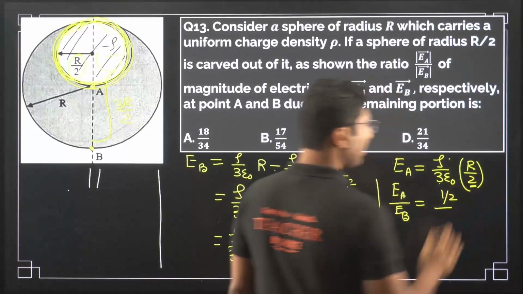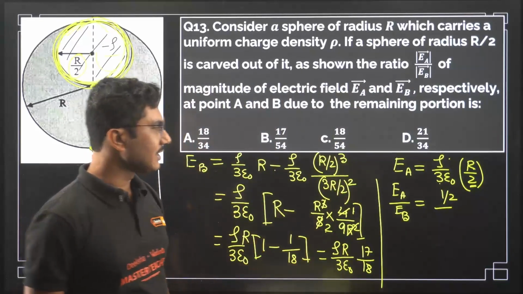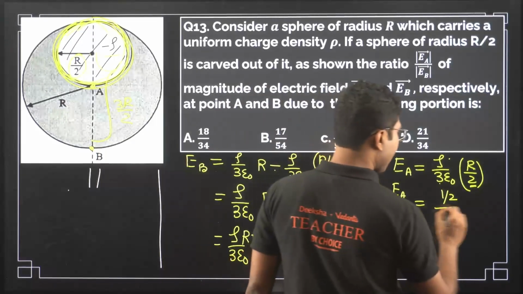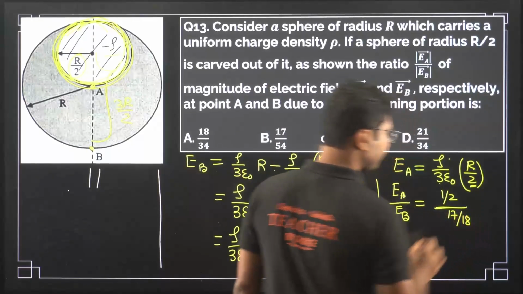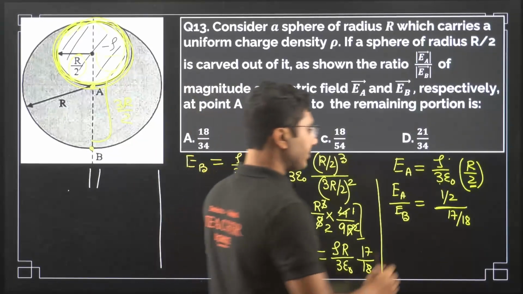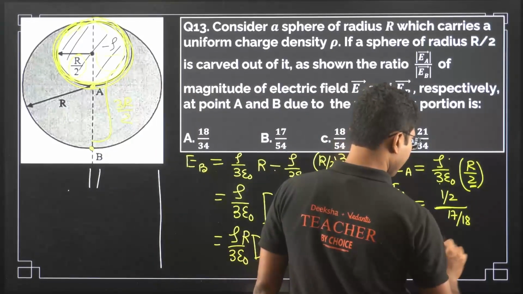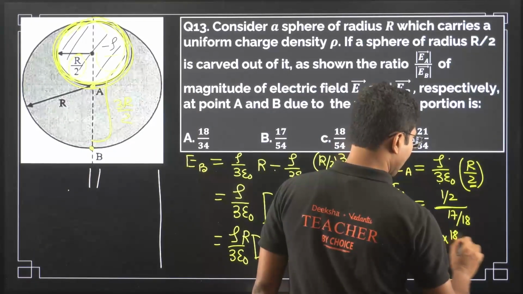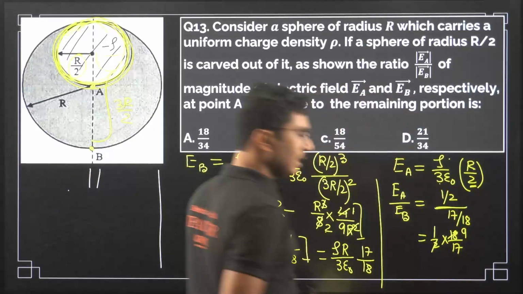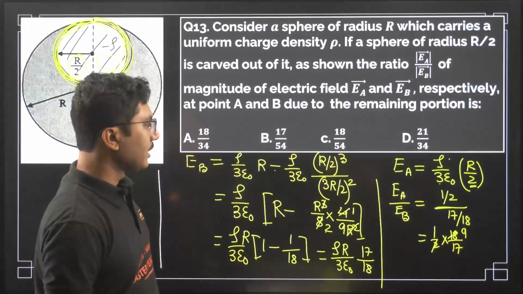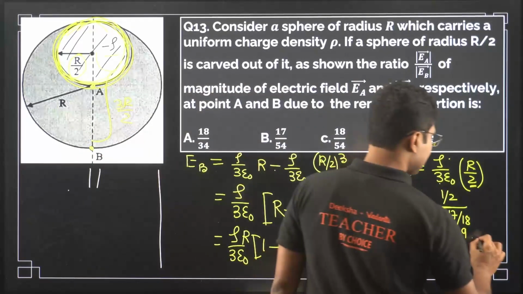This half, r is cancelled, so only half is left, and in the denominator we have 17 by 18, right? So it will be half into 18 by 17, or it will be 9 by 17. Okay, so it will be 9 by 17.